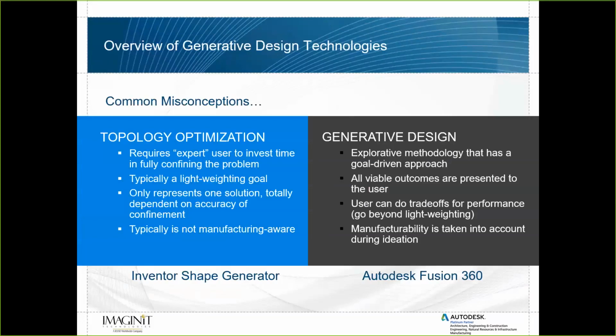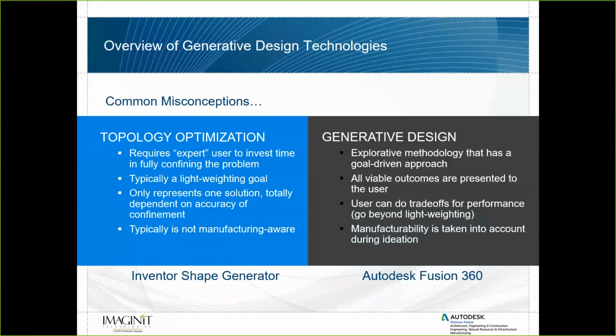One of the biggest things I wanted to point out, though, is there's some big misconceptions around the technologies we have available to us in our product design collection. For instance, the Inventor shape generator versus Autodesk Fusion 360, they are actually drastically different. Inside of Inventor's shape generator, you basically have a topology optimization, which also exists in Fusion.